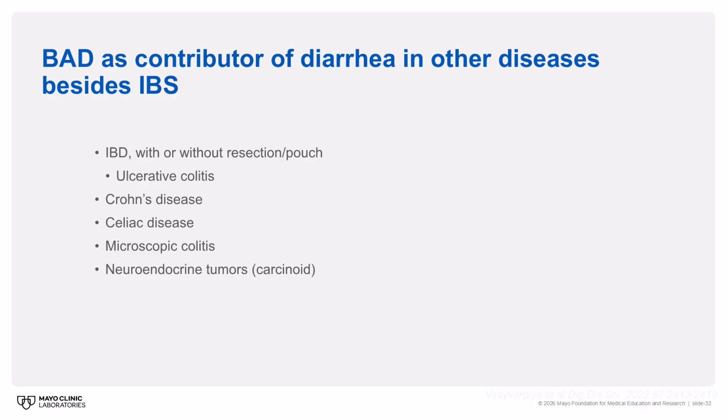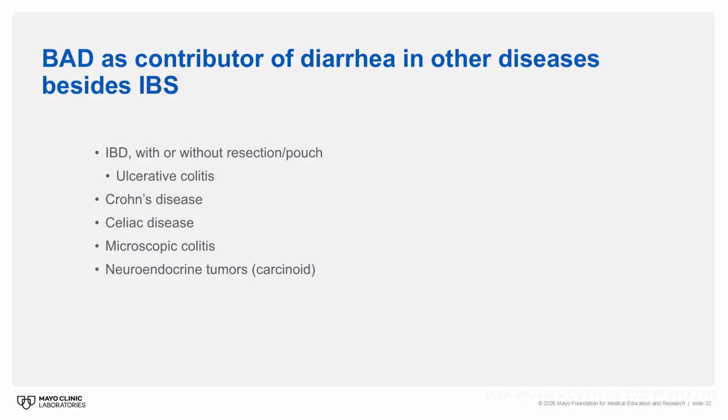But we've also identified that patients without any resection, without any surgery, patients with celiac disease, which may even be patients who have already had benefit from gluten withdrawal, they may also have bile acid diarrhea because, as you know, the ileum can also be involved in celiac disease. Similarly, the terminal ileum can be involved in microscopic colitis.